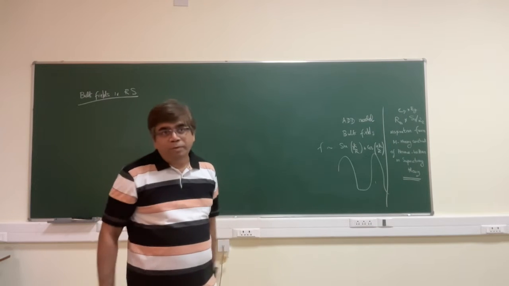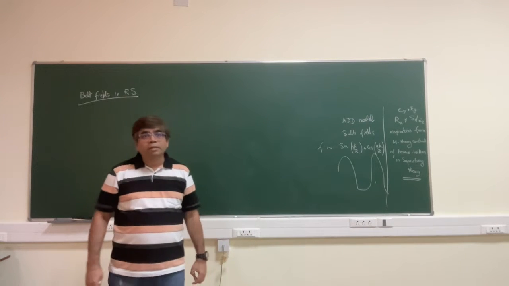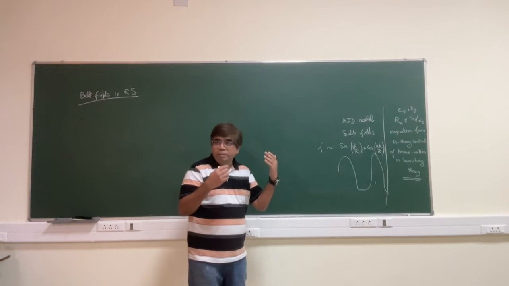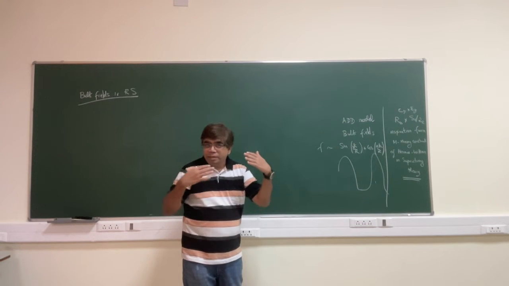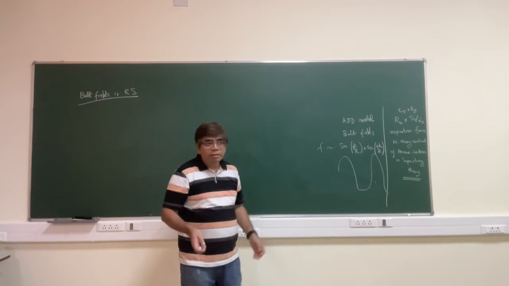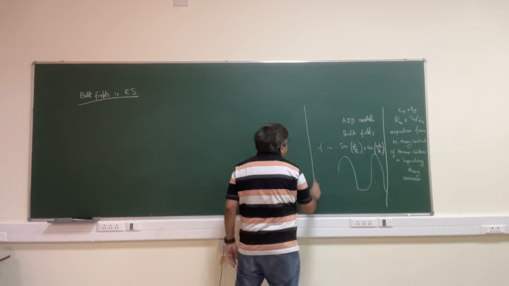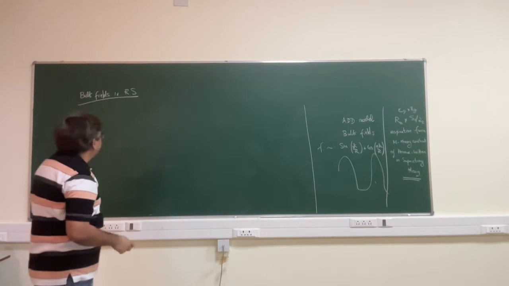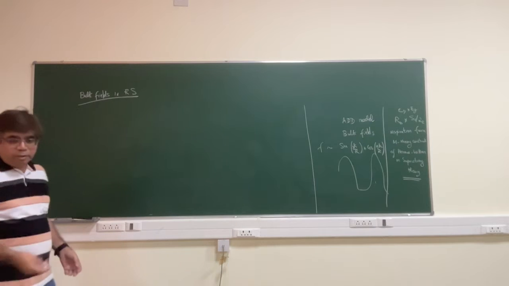But because the space-time is not like a simple circle, it is like a funnel, a warp in the extra dimension, you don't expect them to be cosines and sines. So what should they be? To do that, let's start.